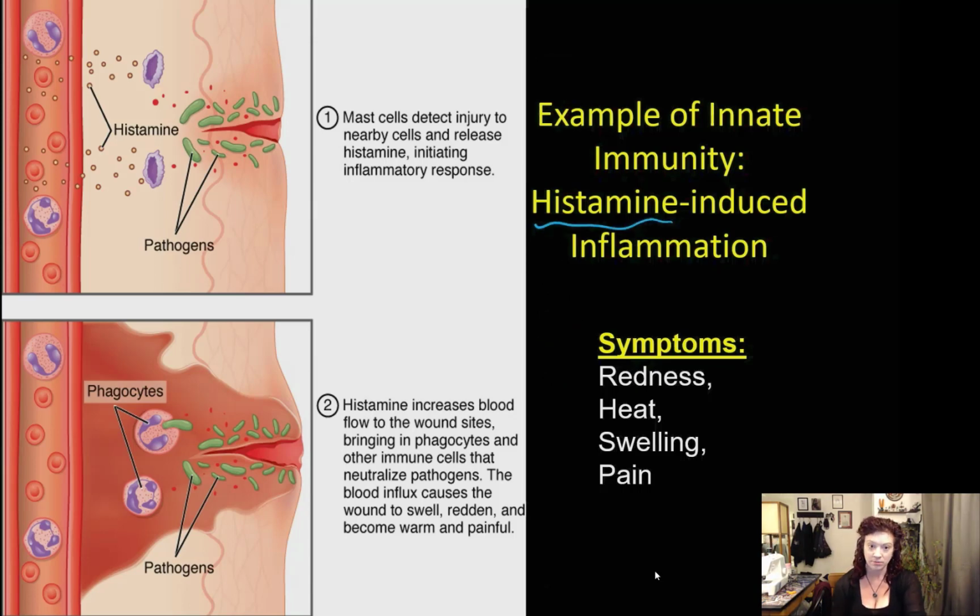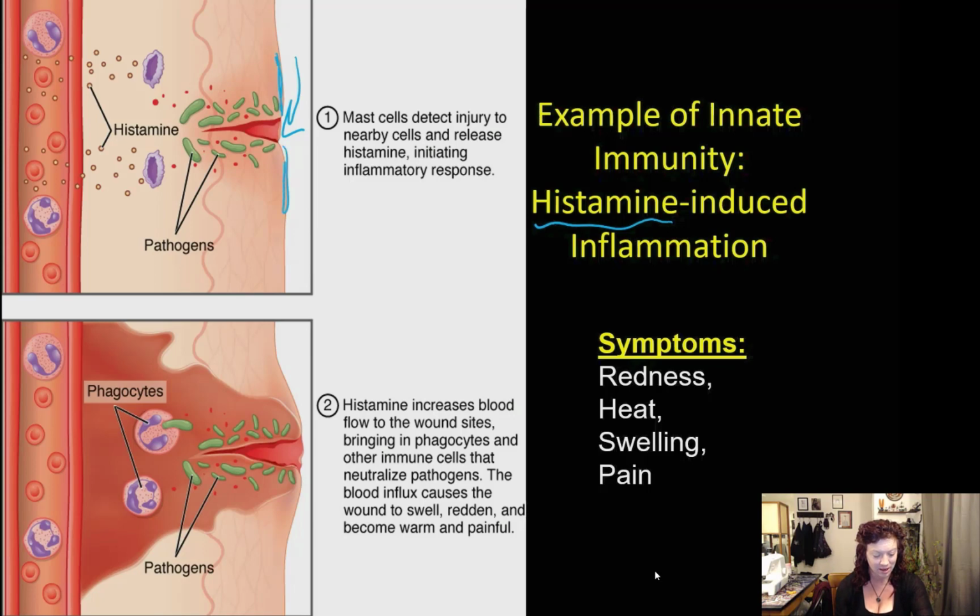Now, let's imagine that you, I don't know, fall down the stairs. Don't do that, it hurts. You hit your knee on one of the steps and you cut yourself, right? You've got this nice big gaping hole in one of your first lines of defense, your skin.